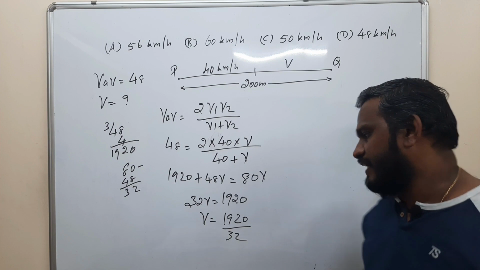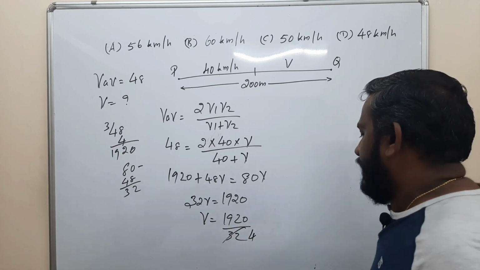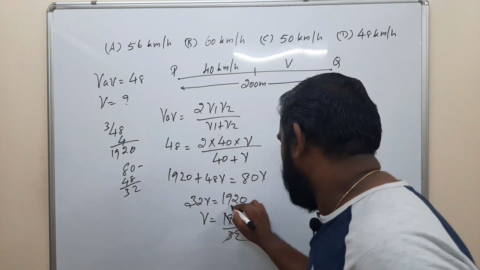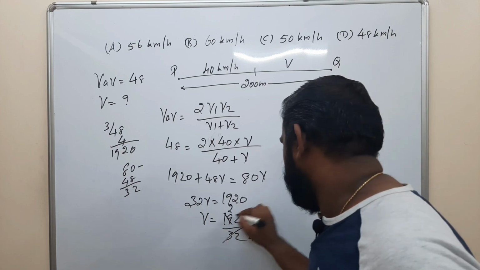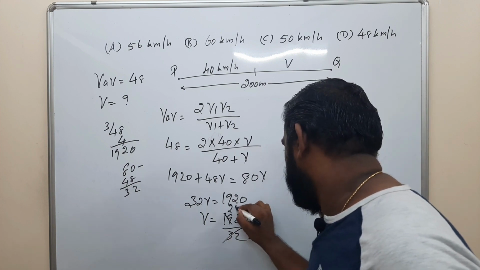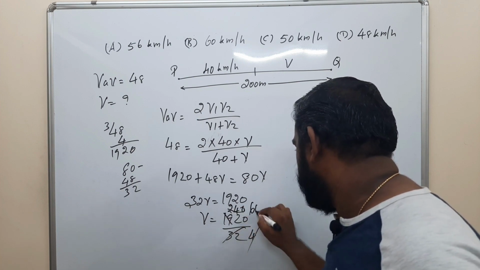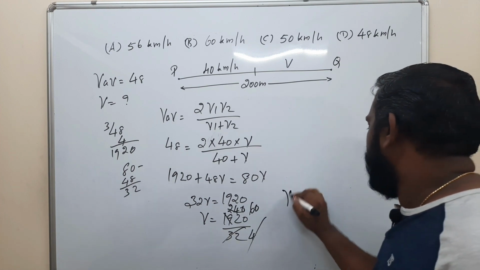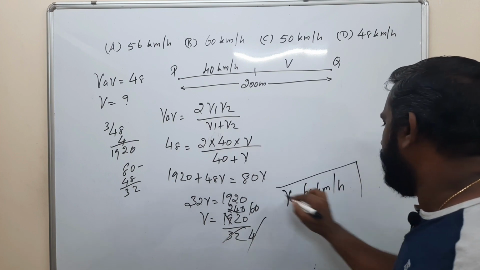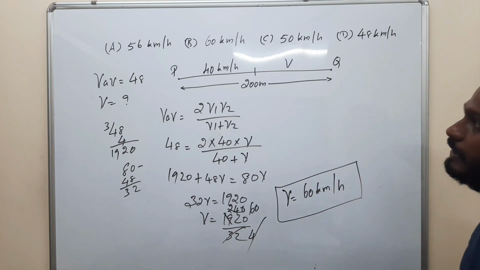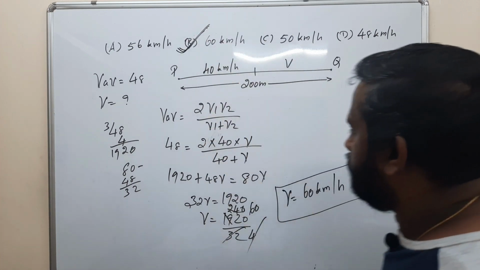So cancel with the 8, 4 times 8, 2 times 16, so 3 balance 32. 4 times then 240, so cancel with 4, that is 6, then 60. So the value of v is equal to 60 kilometer per hour. So answer is B.